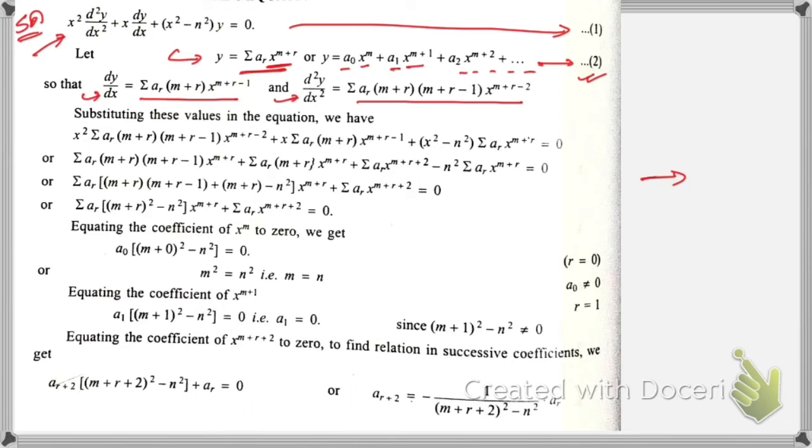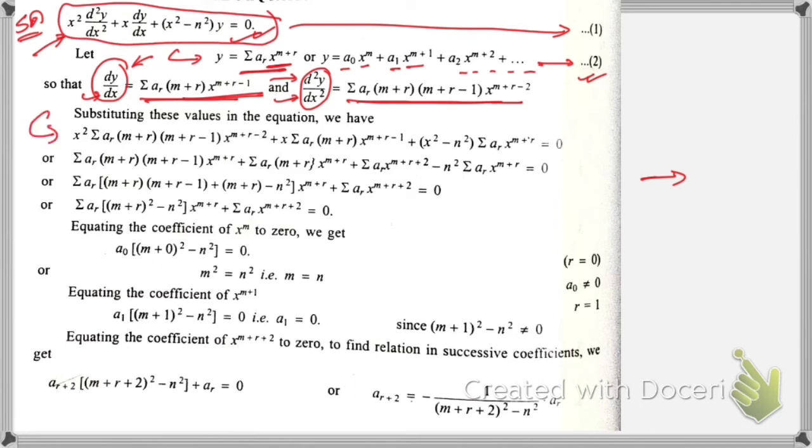Then if you substitute the values of dy by dx and d2y by dx2 in equation number 1, if you put the values of these two terms in Bessel's differential equation, then what you will get?